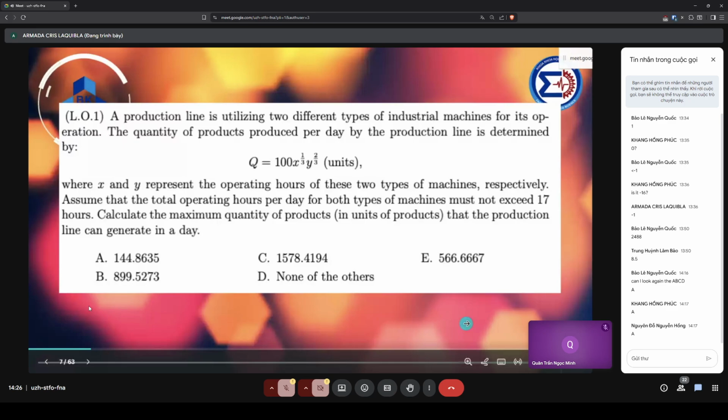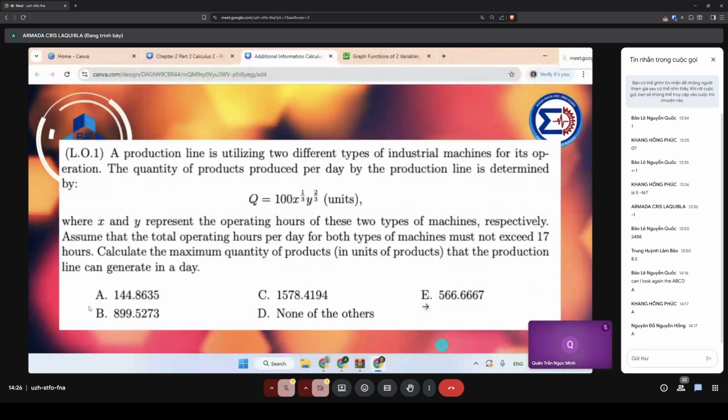Okay, pick your letters now. Just guess it if you do not have an answer.